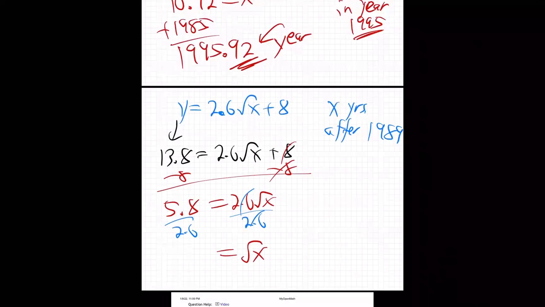We get 5.8 divided by 2.6, and I'm getting 2.23076, and then we square that on both sides.